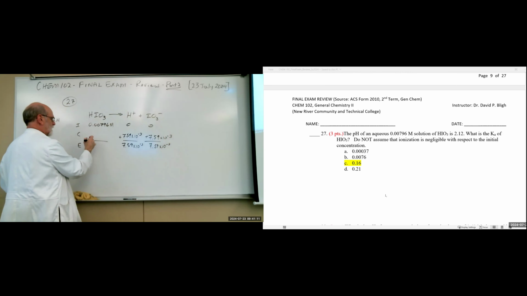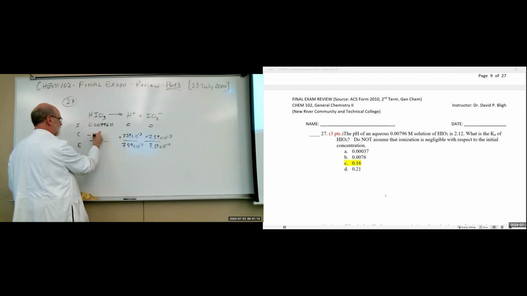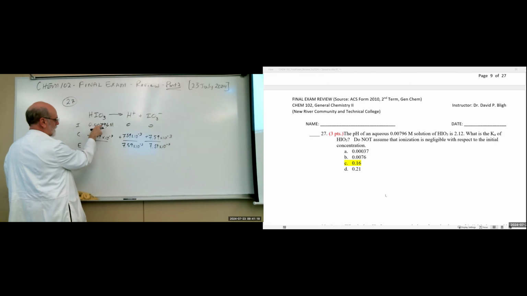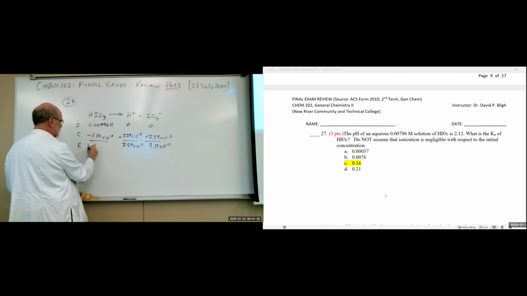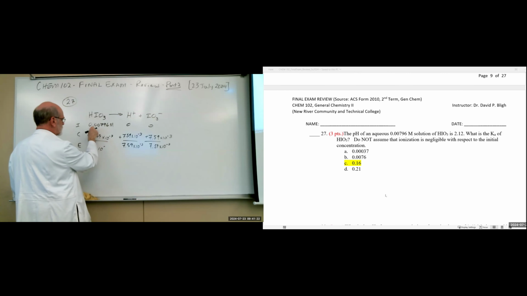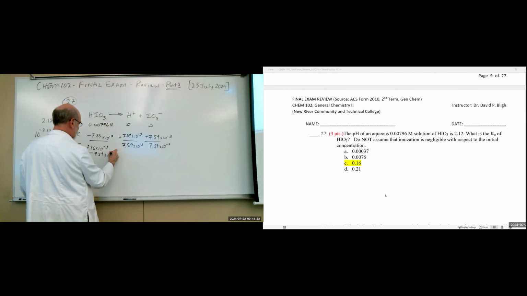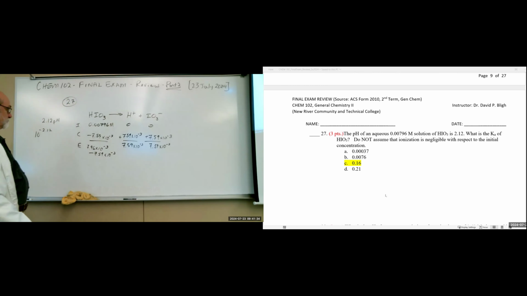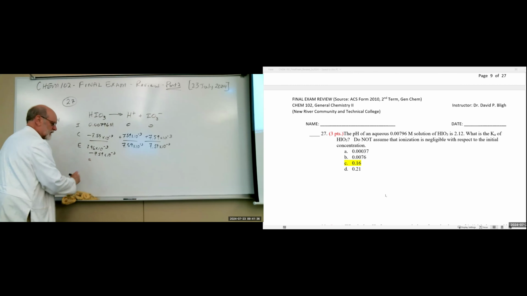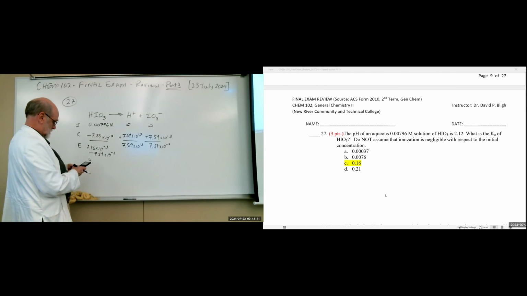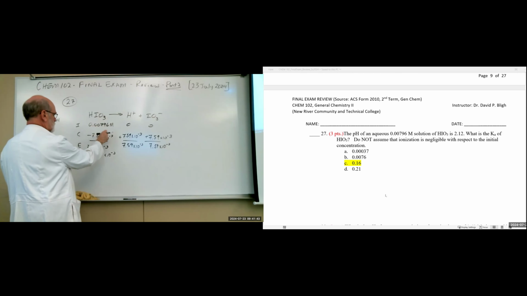But the HIO3 has to be minus 7.59 times 10 to the minus 3, so this is 7.96 times 10 to the minus 3 minus 7.59 times 10 to the minus 3. Let's figure out that value, then we can calculate Ka.